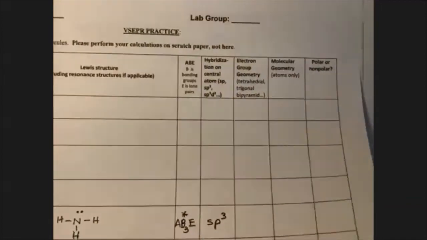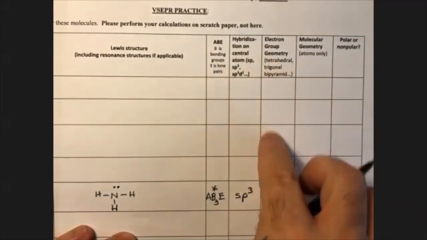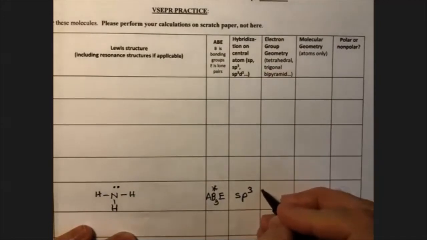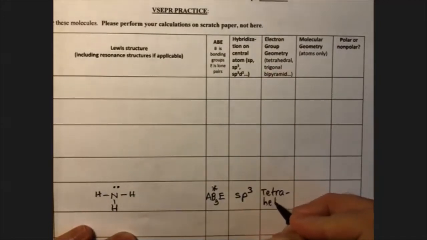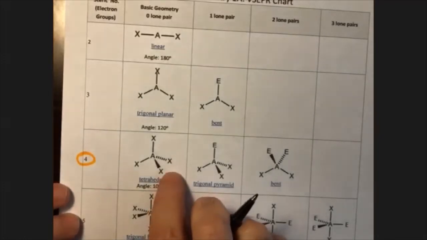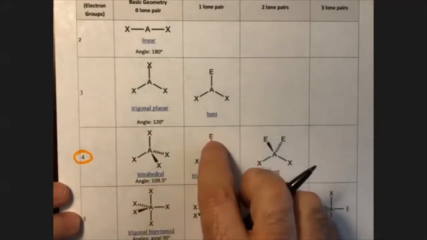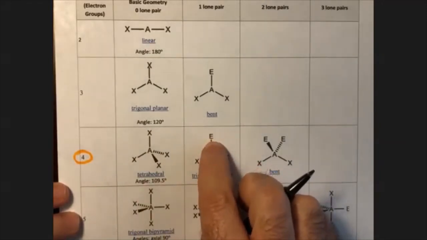So we go back to our worksheet here, and it asks us what is the electron group geometry, and we're going to say that it is tetrahedral. However, when we look at the actual distribution, we see that one of those positions is actually occupied by a lone pair on the nitrogen.